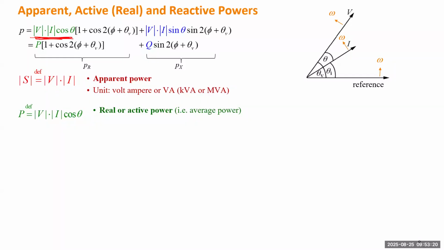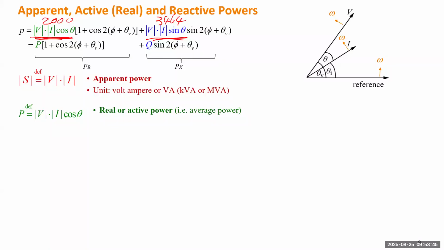So this is the 2000, if you remember from the previous example. This is like 3,464, another number. So that 2000, which is the rectangular area divided by time, corresponds to what we call P, which is really the real power, active power.